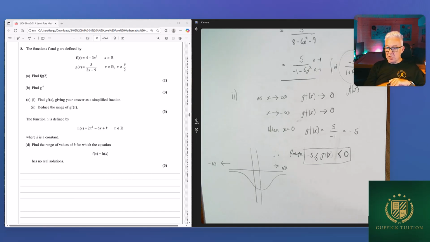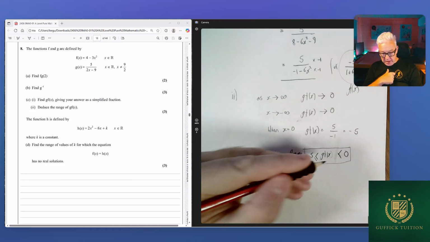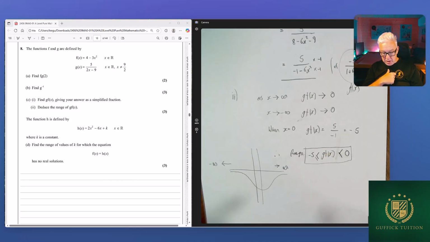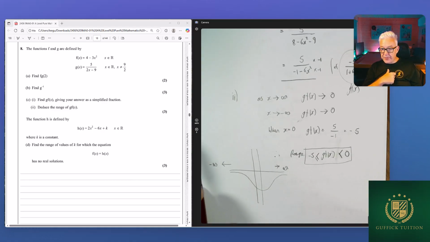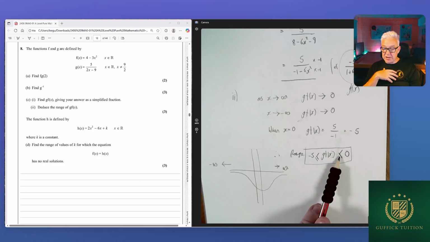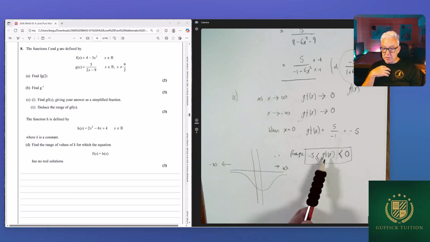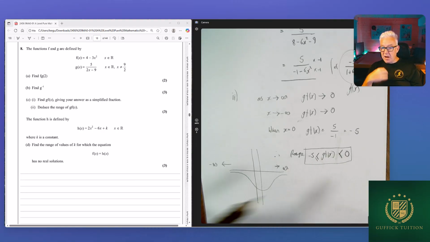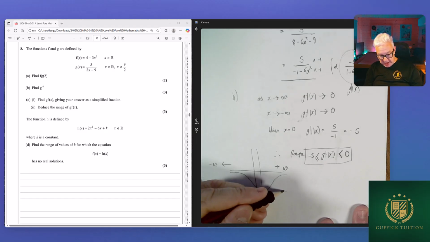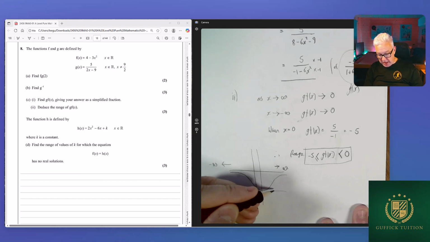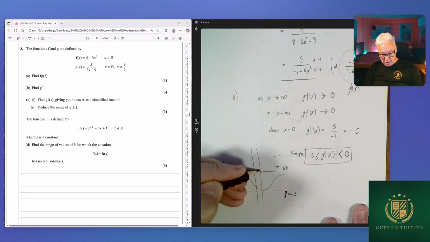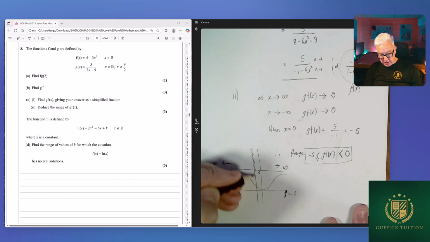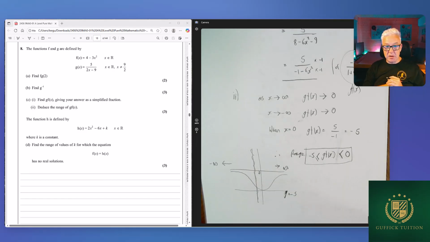So our range of values for g of f of x is that it is less than 0, because it has an asymptote at either end but never quite reaches it, so that's a strict inequality, but greater than or equal to minus 5. It's greater than or equal to because it can actually be minus 5 when x is equal to 0. I'm going to get rid of that line there. So that's how you would do that one.